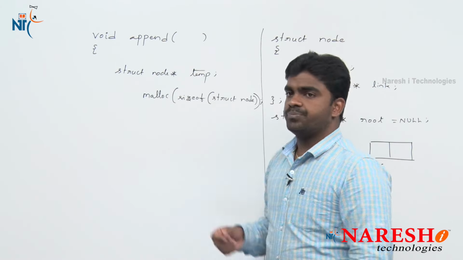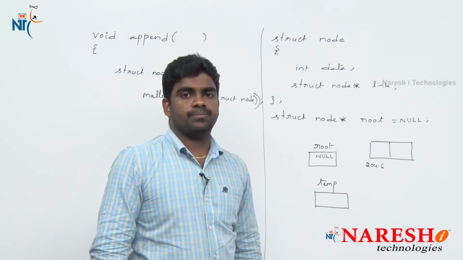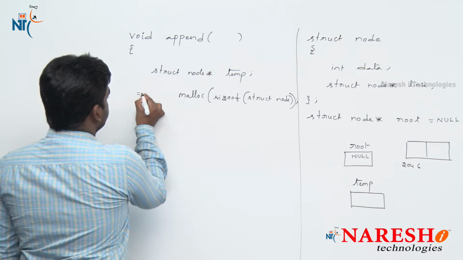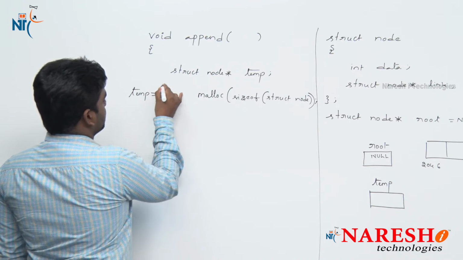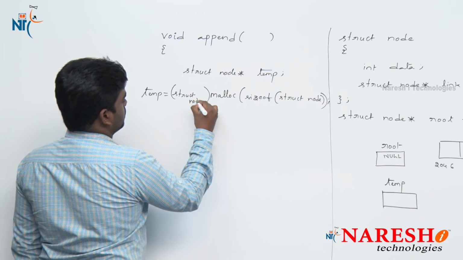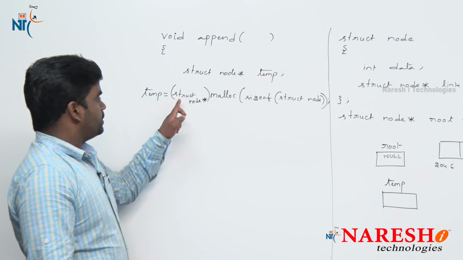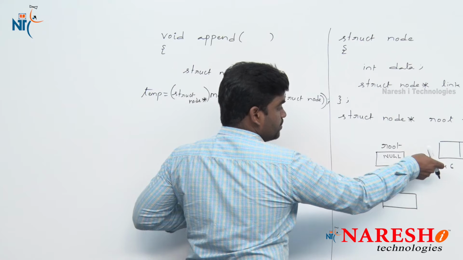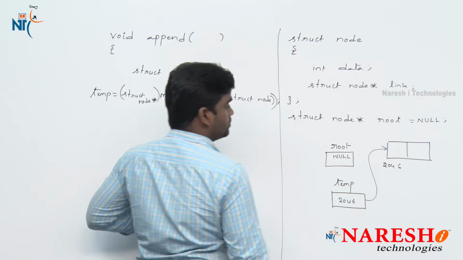It allocates the block, and the address is 2046. We collect that address into the local variable temp, and of course typecasting to struct node star type is compulsory. After typecasting we collect it into temp. So 2046 is collected into temp, and it starts pointing to this node.